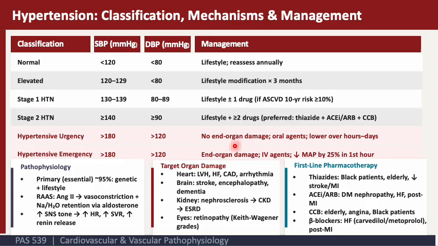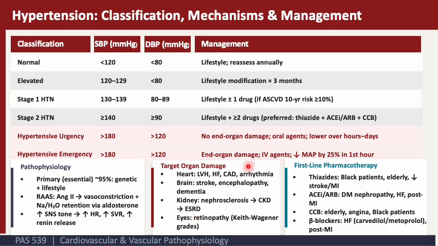Now, if they come in with that same blood pressure, but you do have end organ damage, meaning you notice arrhythmias, you notice encephalopathy or TIA, or you notice some acute on chronic kidney disease, or if they're coming in with any type of eye symptoms, that's end organ damage.